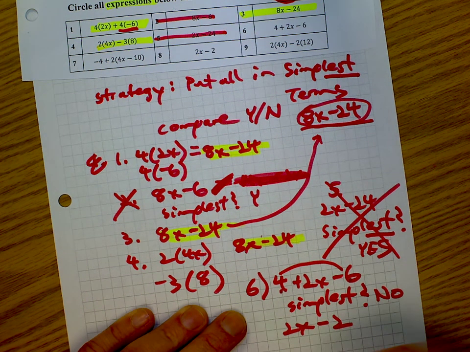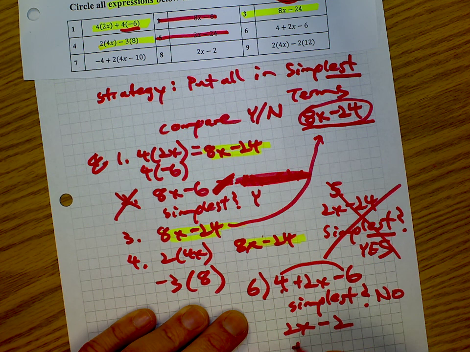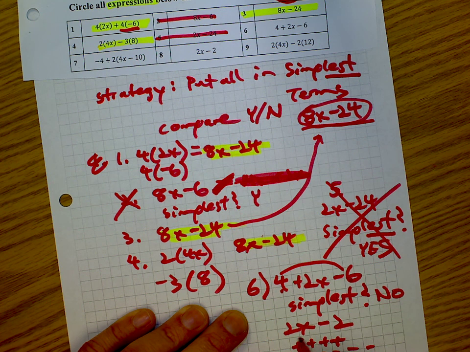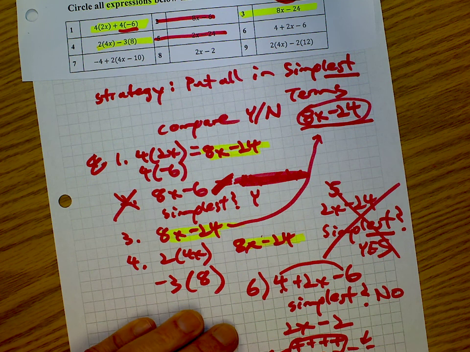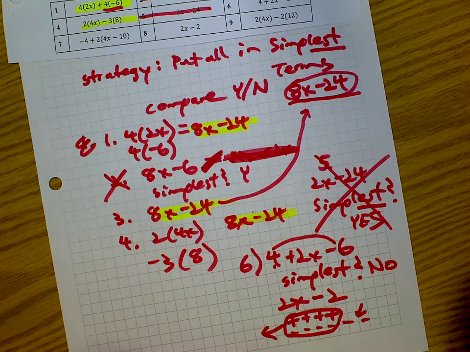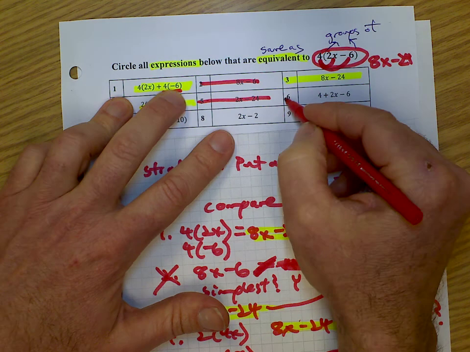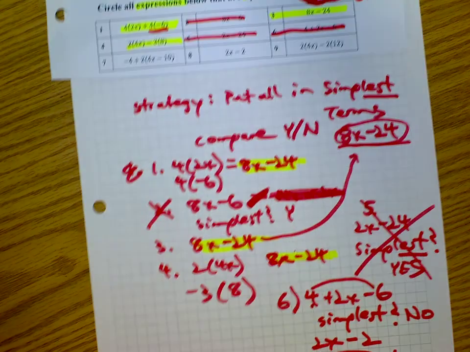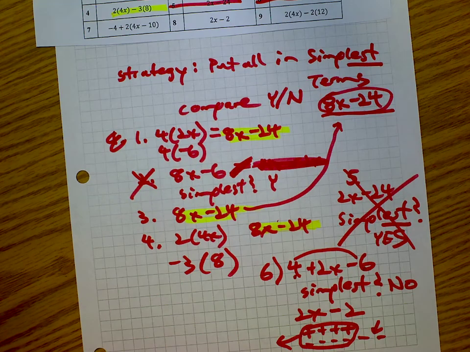How do you keep track of those negative numbers, Mr. Witcher? I'm freaking out. Well, go back to this. Don't be afraid. 4 pluses, 6 minuses, 6 negatives. Boom, that's a 0. What's left? 2 of those. Boom, right there. Is that the same as 8x minus 24? No, it's not.